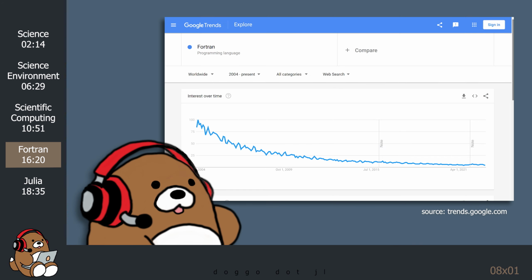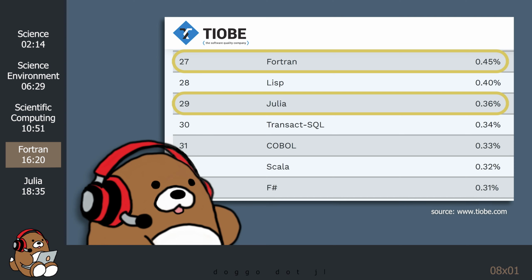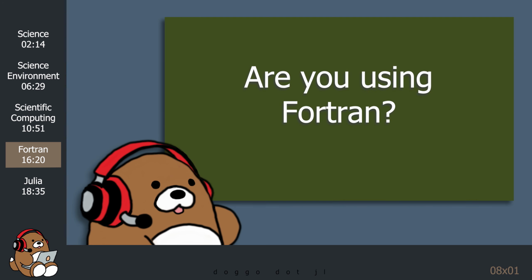If you look at Google Trends, you can see that searches for Fortran have been declining for decades. In the January 2023 TIOBE Index, Fortran's rank is essentially the same as Julia's rank, which leads me to wonder how many scientists are still using Fortran today. If you're a scientist, let me know in the comments below. Are you using Fortran?